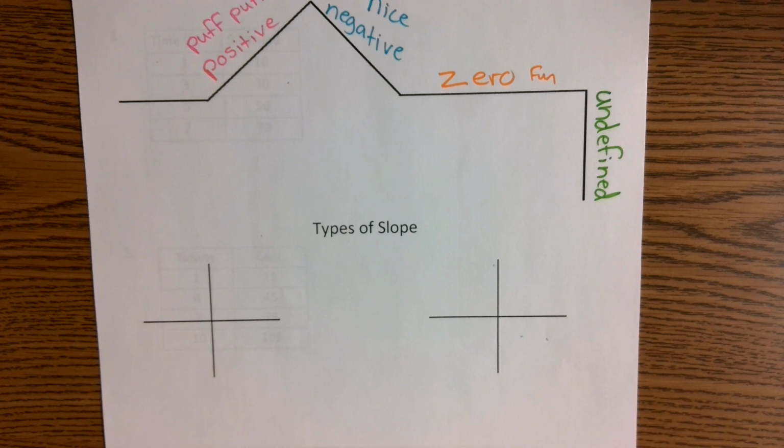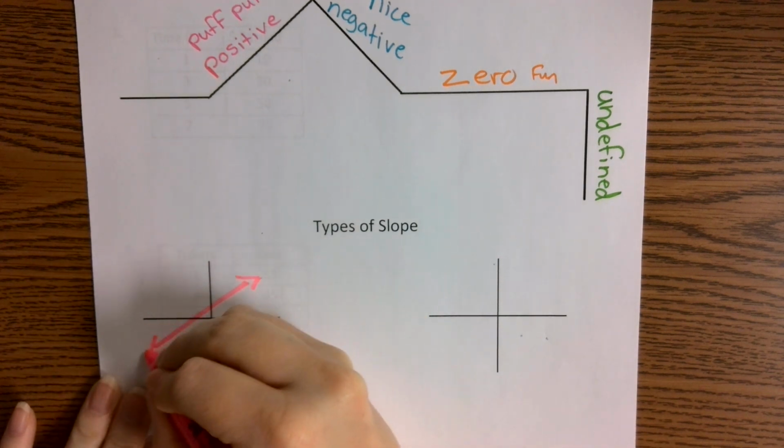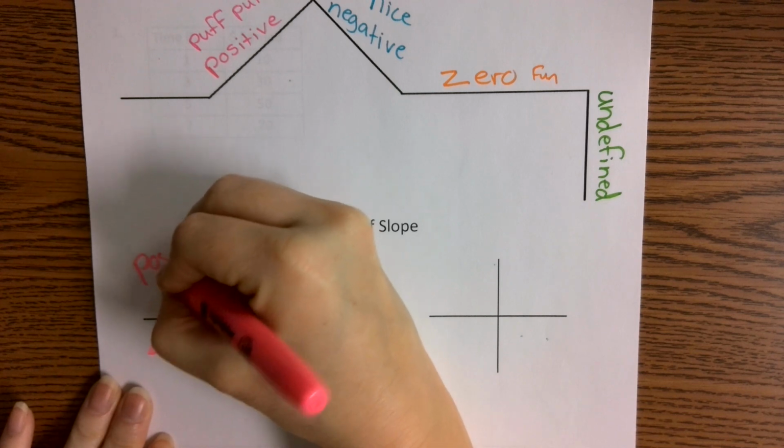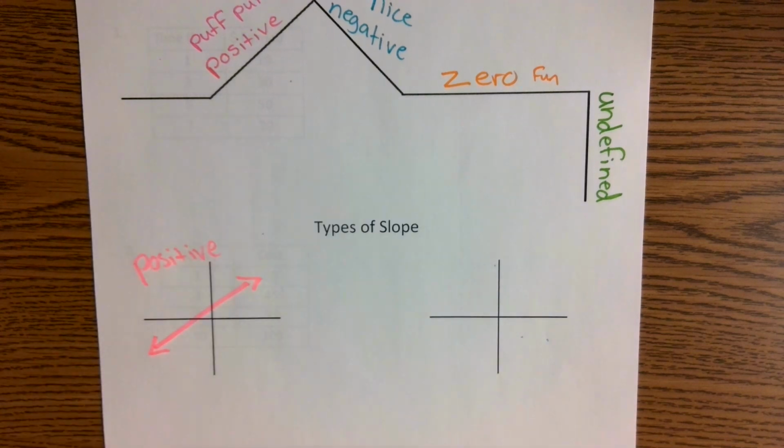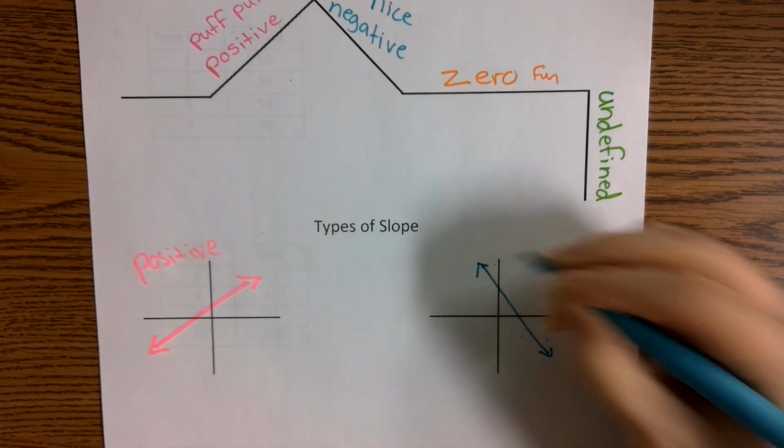A positive slope can look something like this. That's a positive slope. A negative slope will look like this.